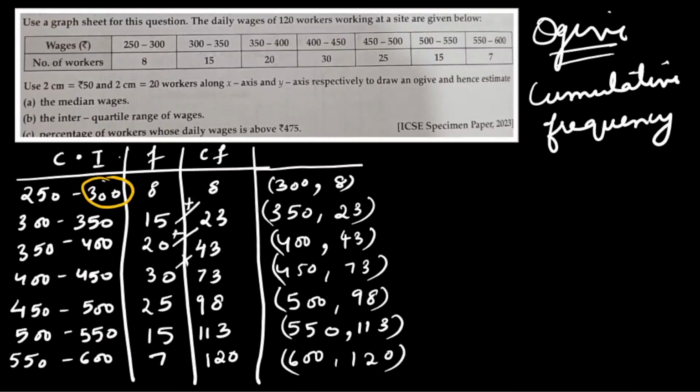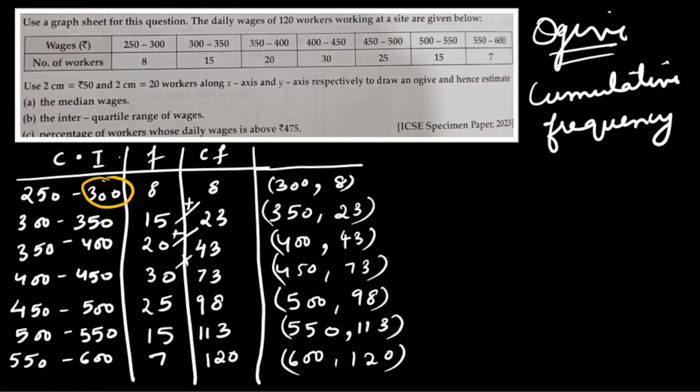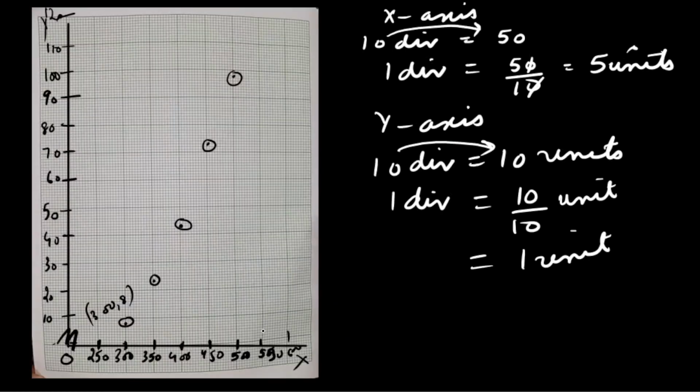Then 500, 98. 500 on x-axis you have to locate, then straight till 98 you have to go and mark the point over there. This one I have marked. Then 550, 113. You have to locate 550 on x-axis, go straight till 113. So 3 units above 110. So here I have marked. The last one is 600, 120.